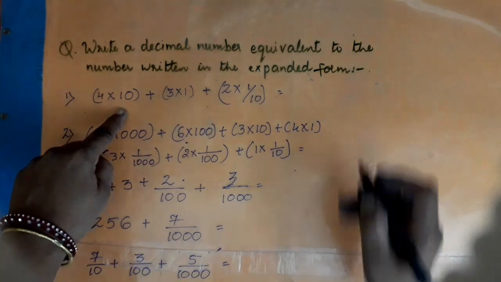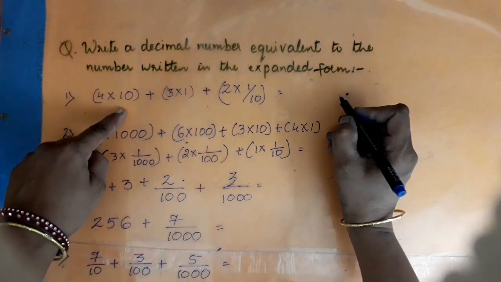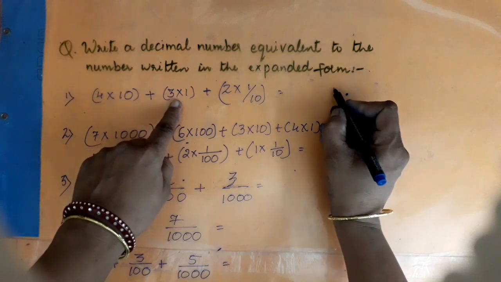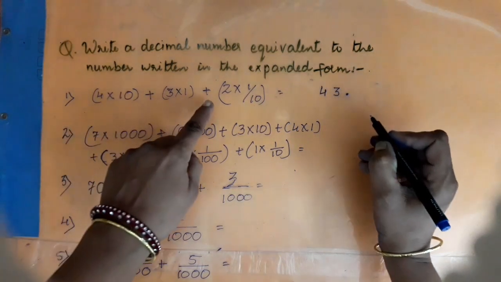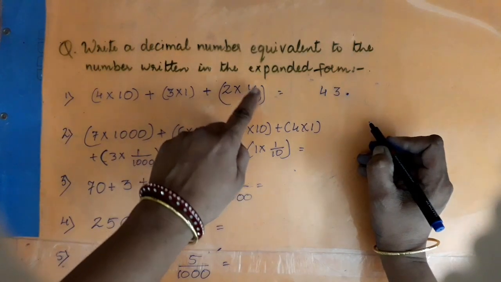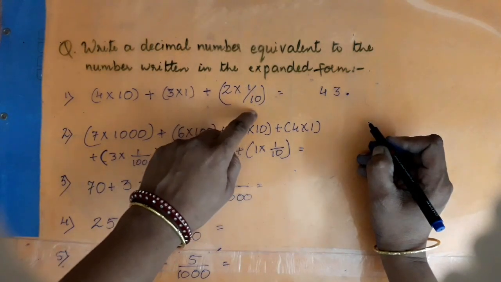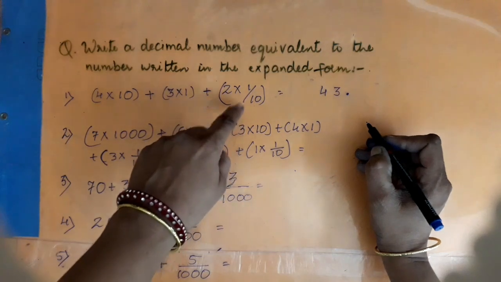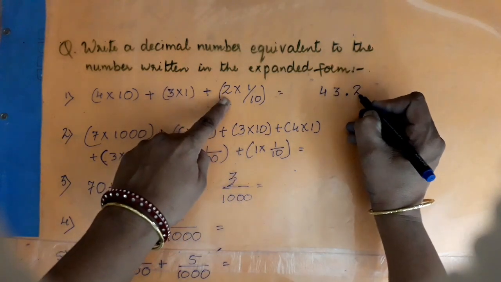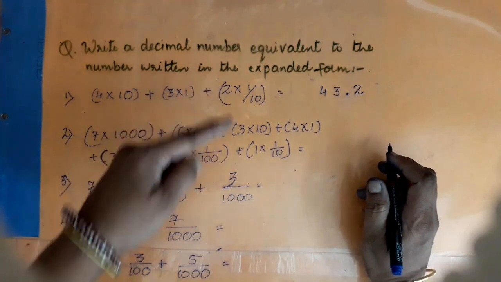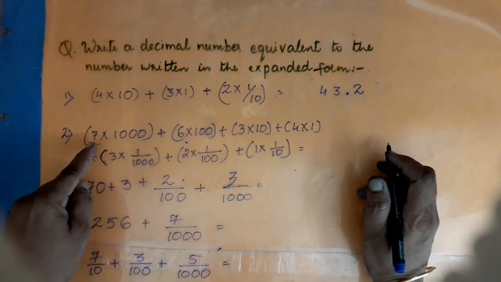Tens place. Before the decimal point, 3 is in the ones place and 4 is in the tens place, whereas this is multiplication with 1 by 10. So after the decimal point, this is the first digit. What is that? 2. So you need to write 2 there. Let's come to the next question.